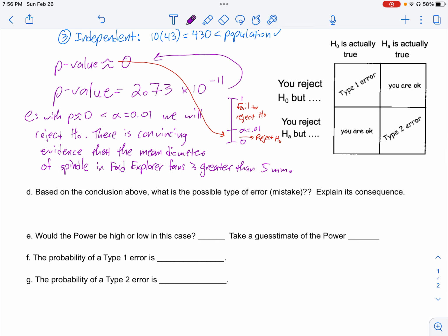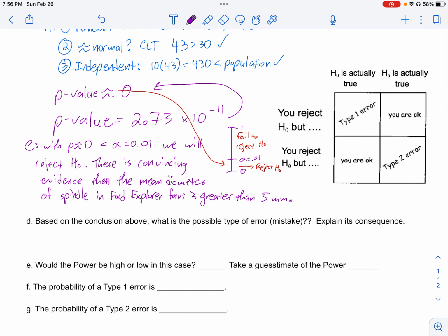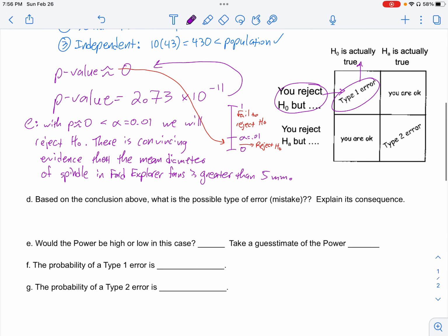D, based on the conclusion above, what type of error or mistake could we have made? So what did we do? We rejected the null, so that could lead to a type 1 error, which is when the null is actually true. You say type 1, and it says, what's the consequence?